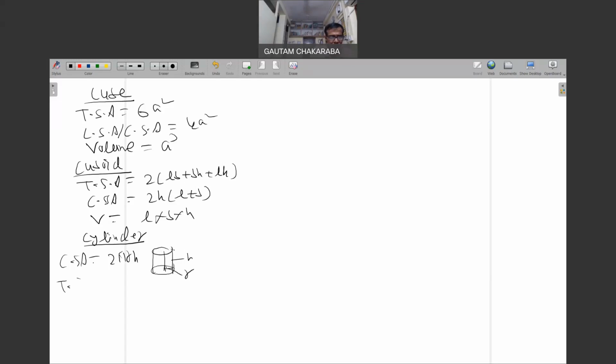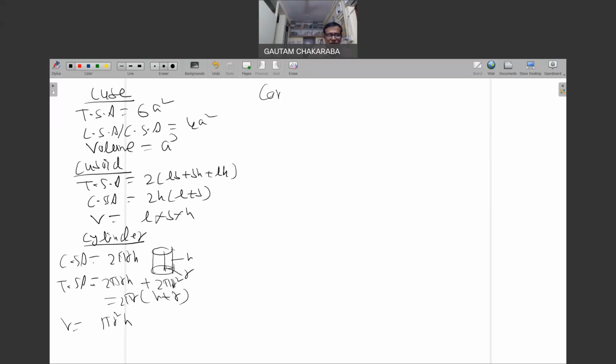So TSA is including the base. If you forget the identities, you write it this way: 2 pi RH plus the area of two bases, each base area pi r square, that is 2 pi r square. If you take common 2 pi r, it is H plus R. This is the total surface area. Volume is equal to pi r square H.